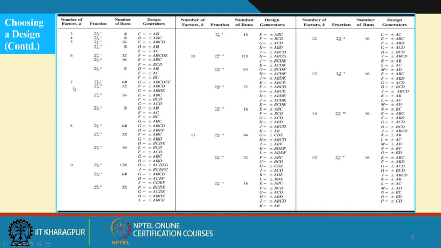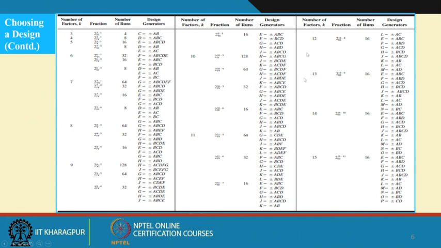For example, if I consider 7 factors, then the possible fractional factorials are 2 to the power 7 minus 1 with resolution 7, 2 to the power 7 minus 2 with resolution 4, 2 to the power 7 minus 3 with resolution 4, and 2 to the power 7 minus 4 with resolution 3. So resolution 3, 4, 5 and higher resolutions are possible.